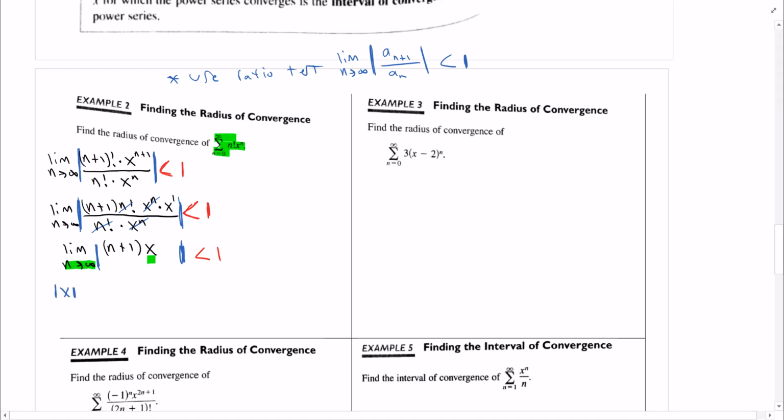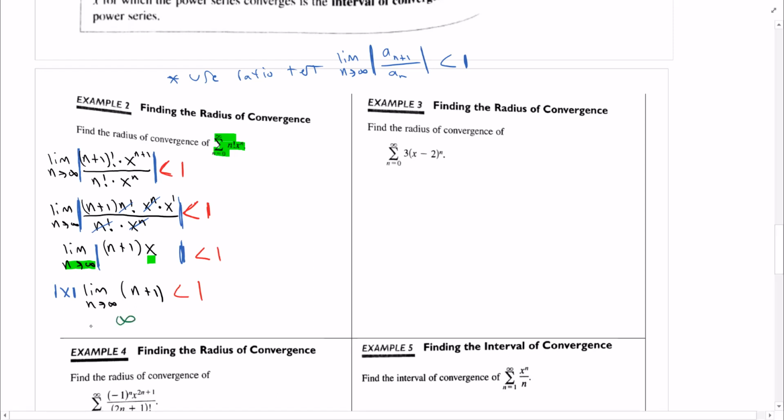We're going to factor that x out to the outside of the limit. And all we're left with now is n plus 1. And we're trying to show, well, when is this less than 1? Well, the limit as n goes to infinity of n plus 1 is infinity, right?